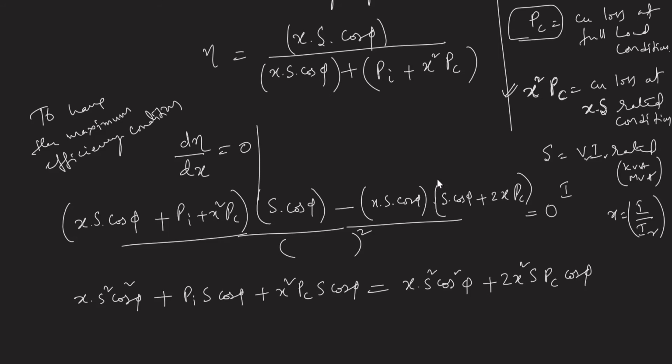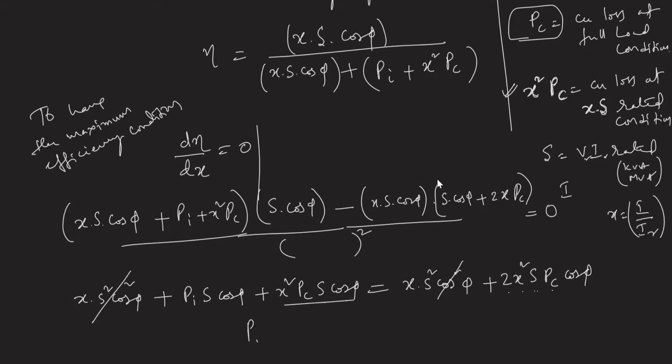Now I can cancel out some terms. So this term and this term entirely go out, and this X square Pc S cos phi and 2 X square Pc S cos phi, so I bring this term onto the right side.